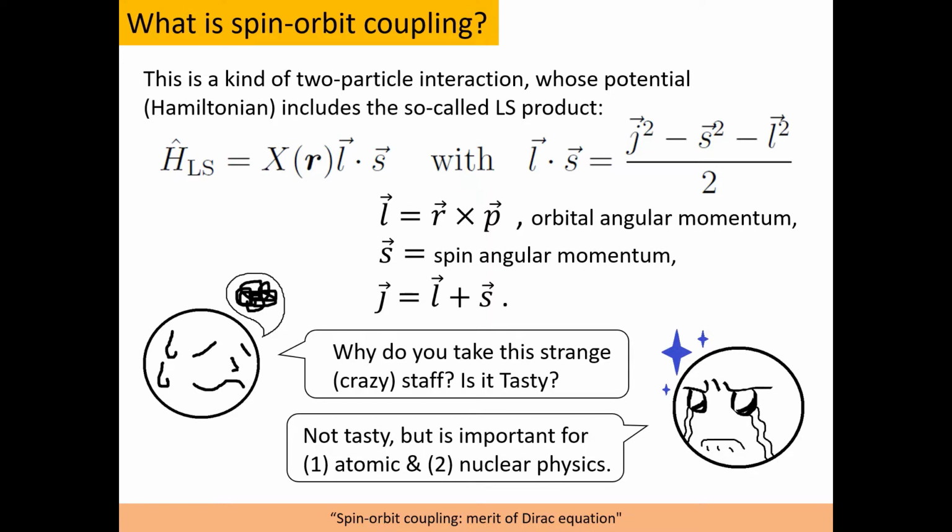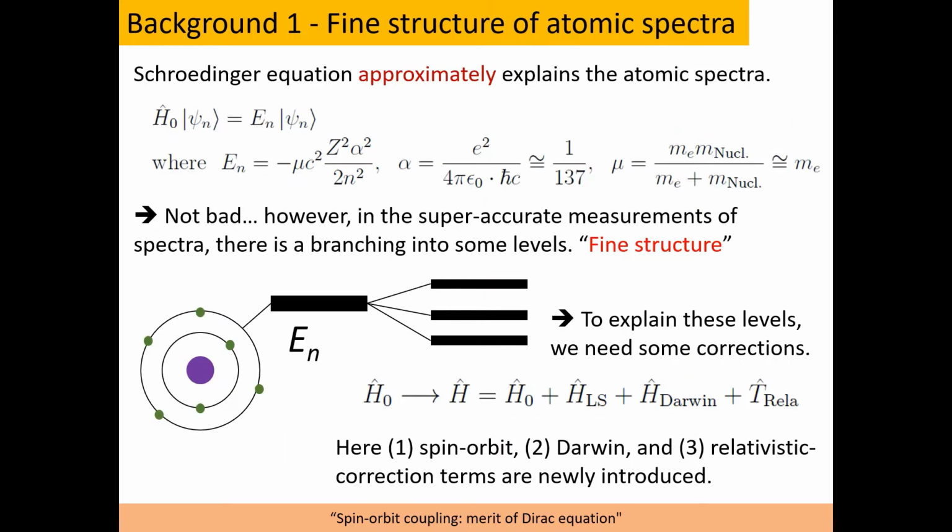So next, let me talk a little bit about the background in atomic and nuclear physics, where or why this crazy spin-orbit coupling term has been needed. So first, background 1, fine structure of atomic spectra. Traditionally, to explain the atomic spectra, the Schrödinger equation has been utilized.